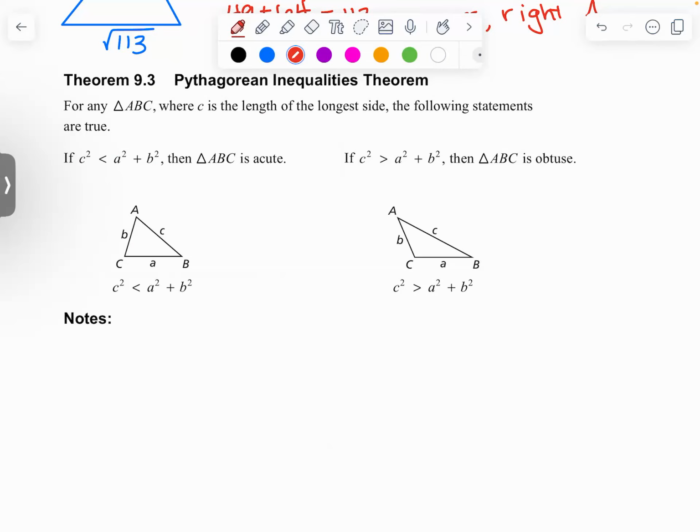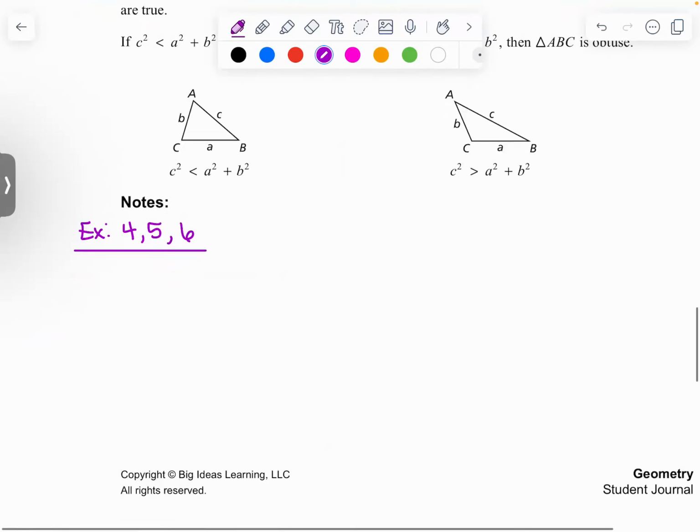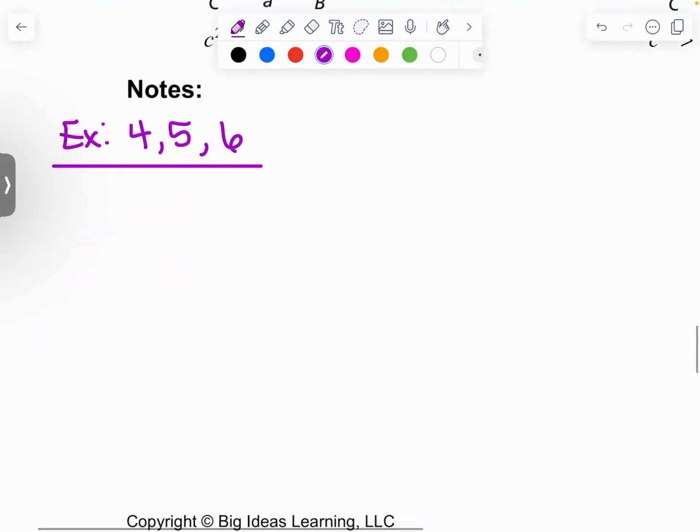Okay, so let's go back to Alexa's, was it 4, 5, 6? So we have sides 4, 5, 6. Which one are we going to use for C? 6. So let's try 4 squared plus 5 squared equals 6 squared.